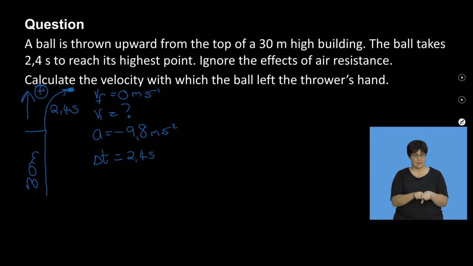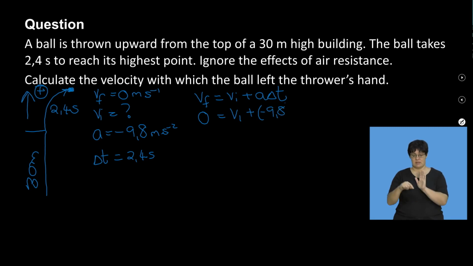Same equation we just used: VF equals VI plus A delta T. VF is 0, we want VI. This is minus 9.8 times 2.4.